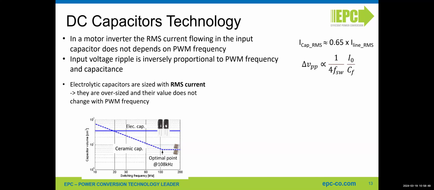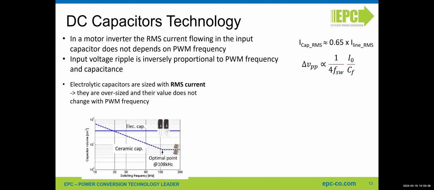So the number here is 660 microfarad because each of them couldn't do more than 5 amps RMS ripple current, or 3 amps RMS ripple current. So really the value you're putting here is not decreasing with frequency because your ripple stays the same.